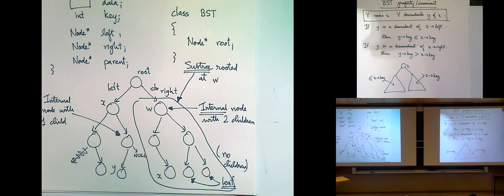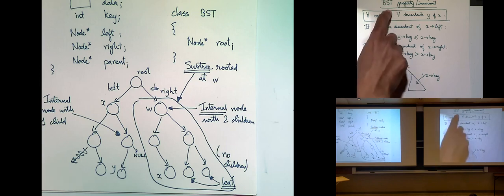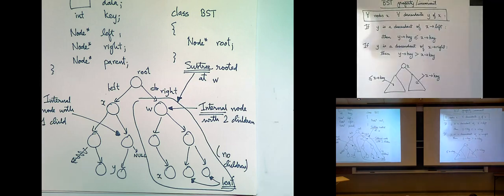Because we were talking about heaps, the heap property is very different. This is maybe the more common one that you've seen. This is a constraint on the keys in the binary search tree. You can construct a tree where you don't satisfy this property, then it's not called a binary search tree. But if you have a binary search tree, then the keys must satisfy this property.